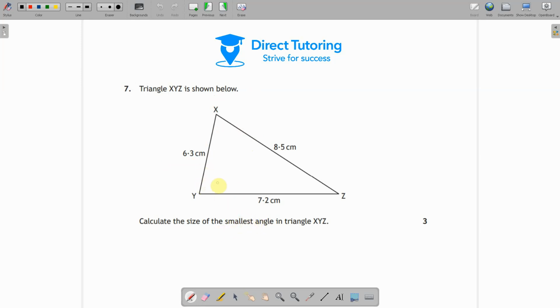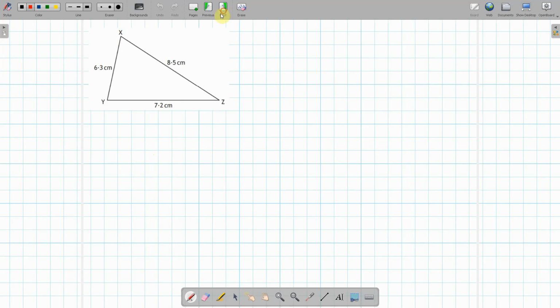Now, on a quick examination of the triangle, it's pretty clear that the smallest angle is going to be this acute angle here. So we're trying to find angle Z. Now, when we are faced with triangles of this arrangement, we instantly have to say to ourselves, which rule are we going to use?